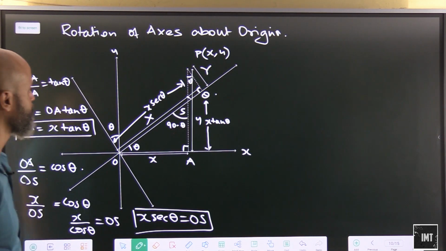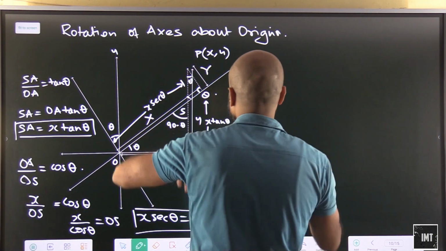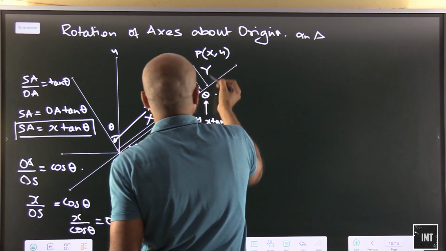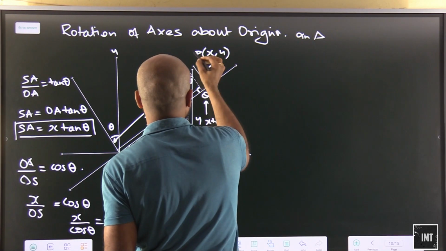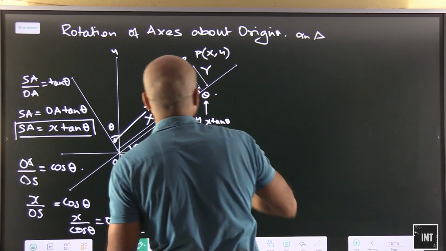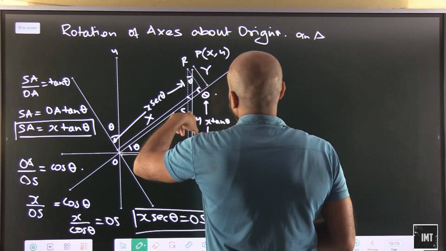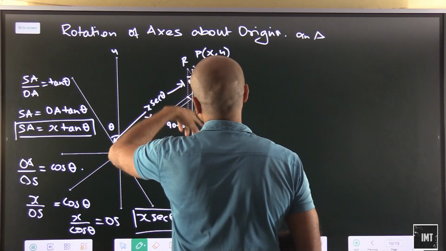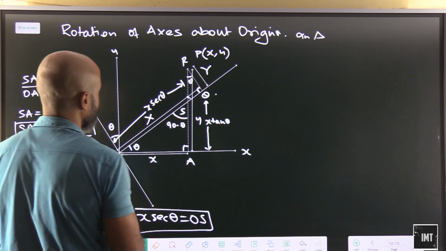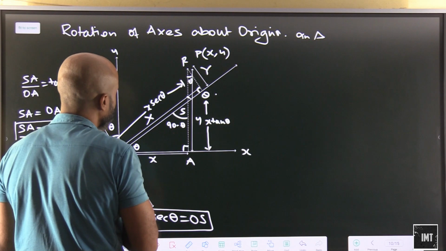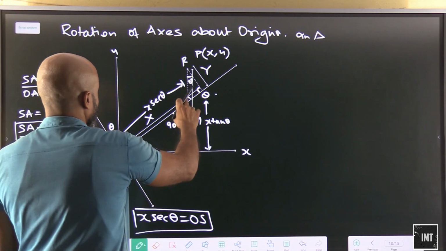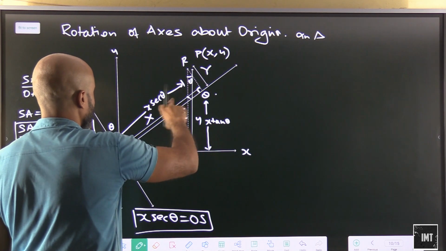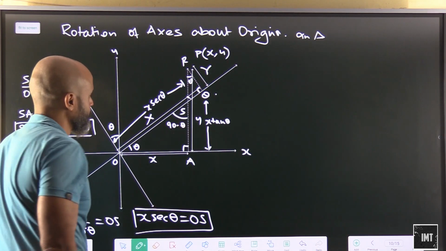So in this triangle, let's name this R. We have to find out Y and X, right? In this case, this is X tan theta and this is X sec theta.